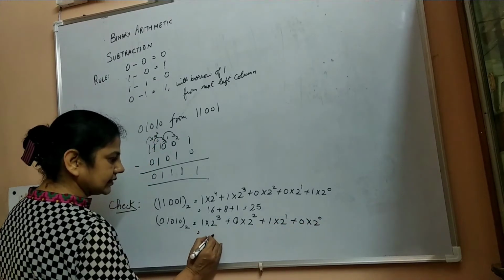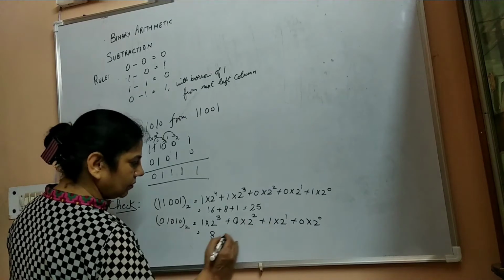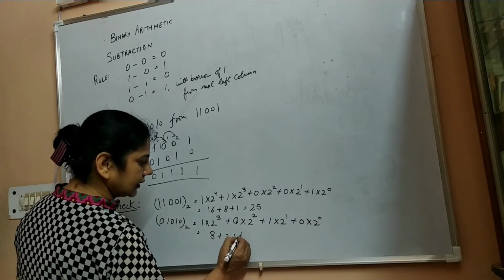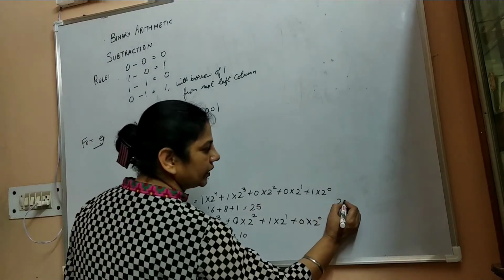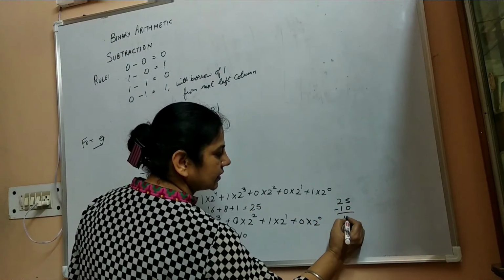This gives me 8 plus 2, that is 10. So subtract 25 minus 10. You will see 25 minus 10 is equal to 15.